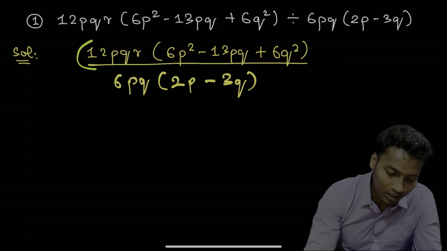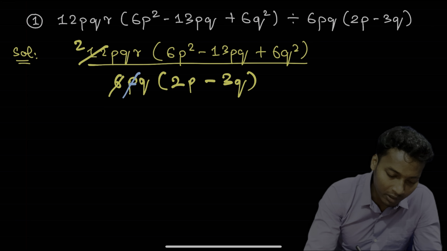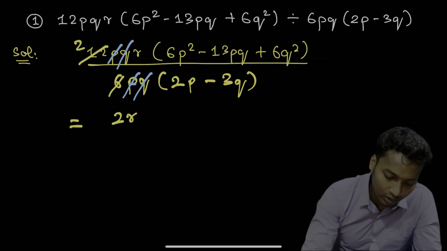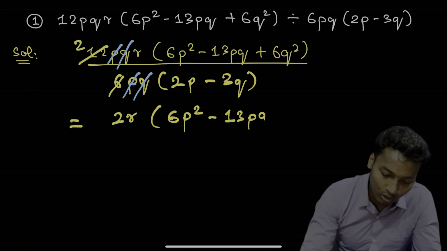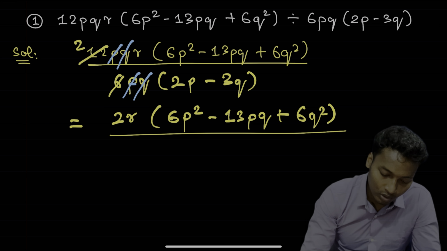So if you watch, these factors can be eliminated. 6 twos give us 12. At the same time we can eliminate p and q. So we are left with 2r into (6p² - 13pq + 6q²) by (2p - 3q).